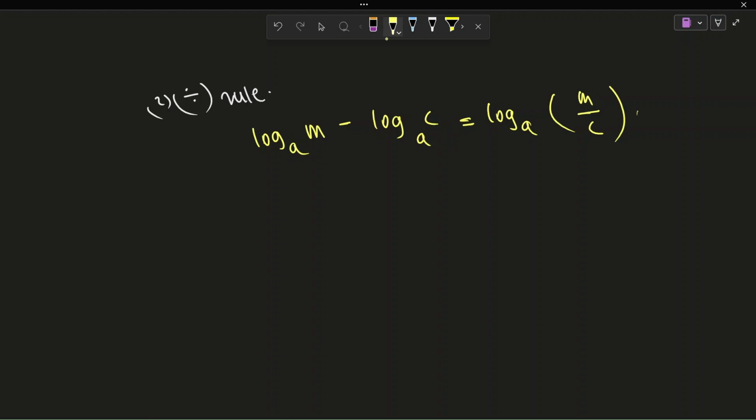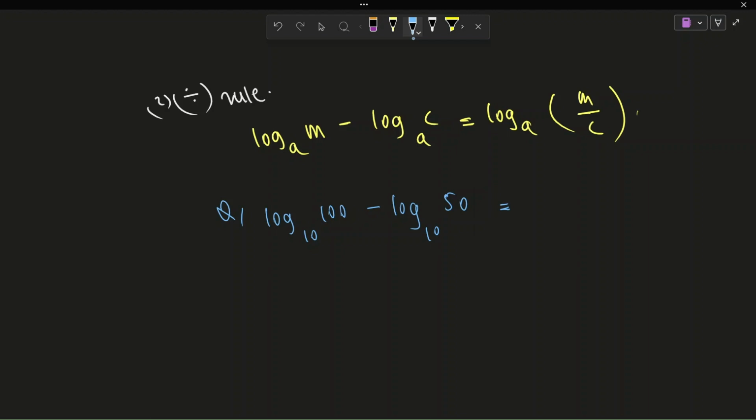That's the important part. So to practice, let's do a quick example. Say you have a question that says log 100 to the base 10 minus log 50 to the base 10. Now, what's that equal to?